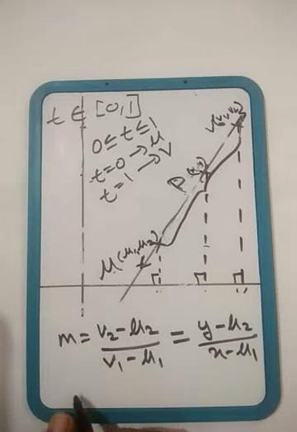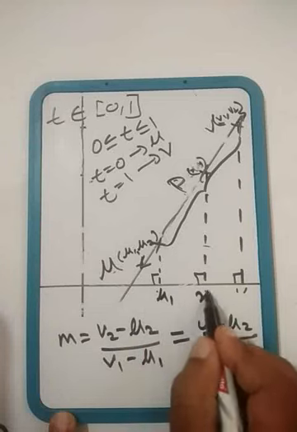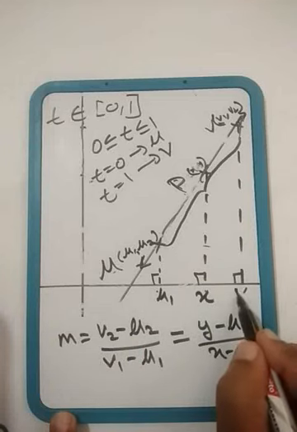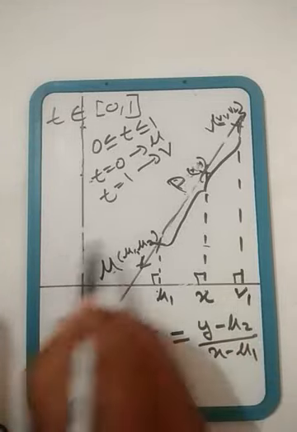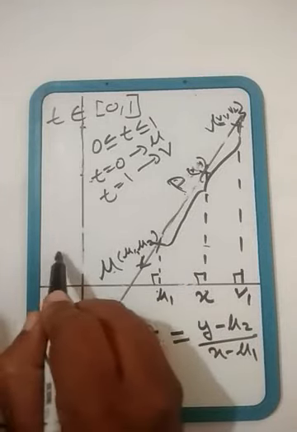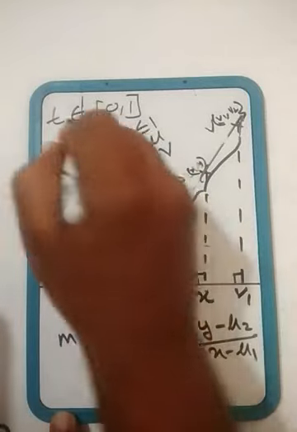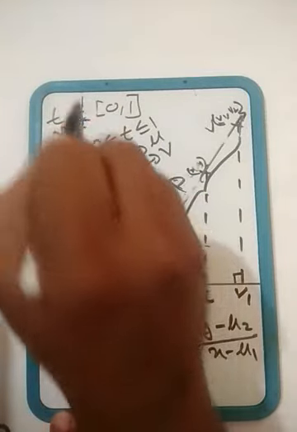What could be done is that interchanging of these two parts. And why we can do that is that observe the following fact, that here is u1, here is x, here is v1, here is u2, here is y, and somewhere here is v2.